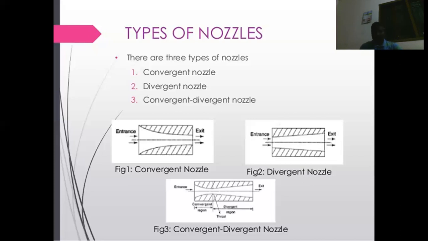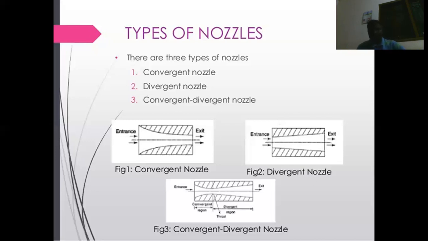Diffusers are the same as a divergent nozzle. The entrance of the diffuser will be small and the exit of the diffuser will be large. When we use this design, it converts the velocity of the air into pressure energy. This is also called a ramp. This is one of the applications of the divergent nozzle.